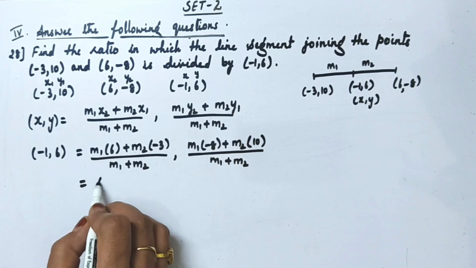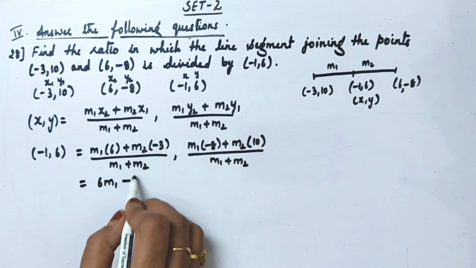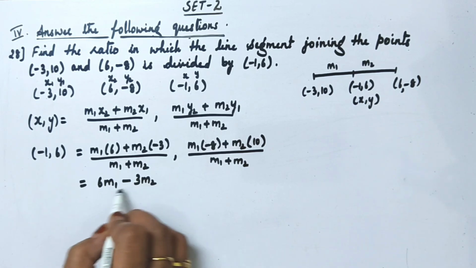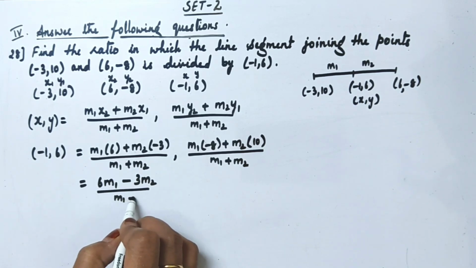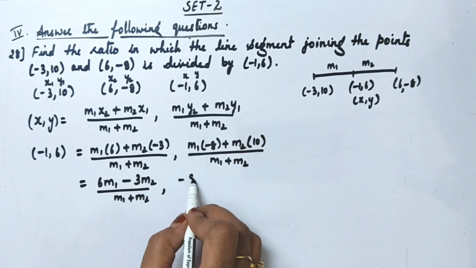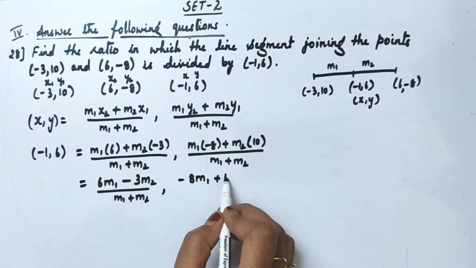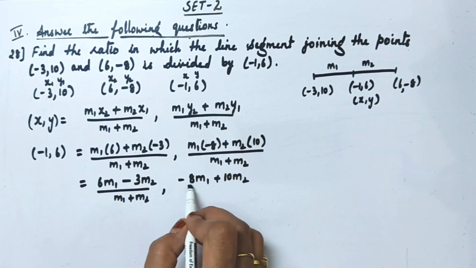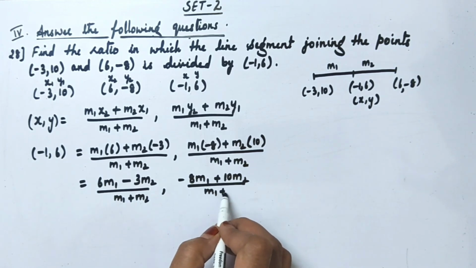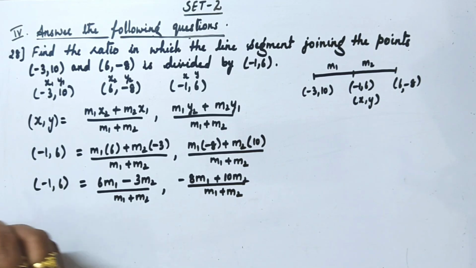This gives 6m1 plus minus 3m2 upon m1 plus m2, comma minus 8m1 plus 10m2 upon m1 plus m2. This is minus 1 comma 6.